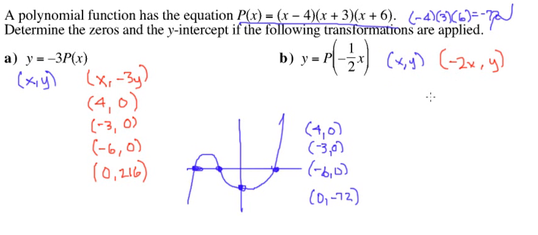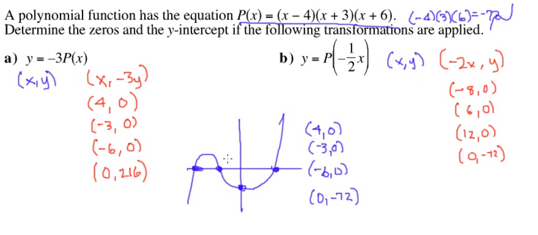So what does that do to these points? (4, 0) becomes (-8, 0). (-3, 0) becomes (6, 0). (-6, 0) becomes (12, 0). And (0, -72), well, 0 times -2 is 0, and then we keep the -72. So this horizontal stuff changes all our x-coordinates, but does nothing to our y-coordinate.